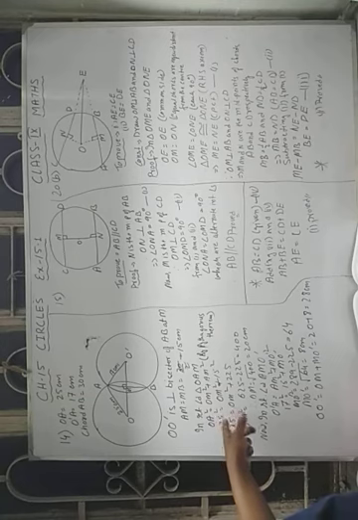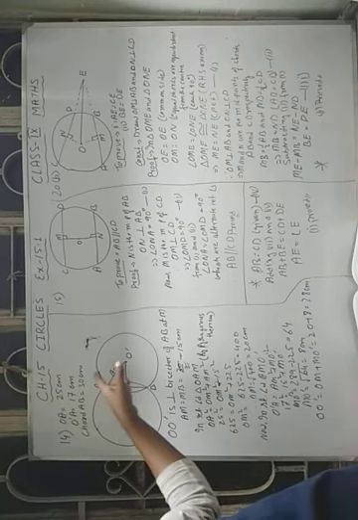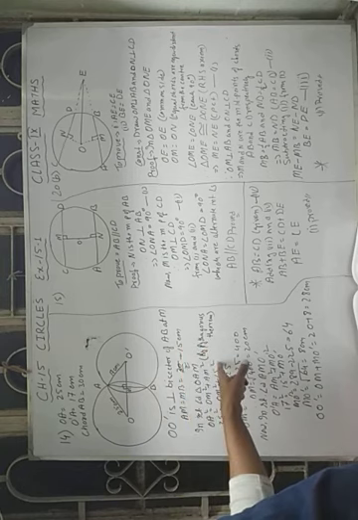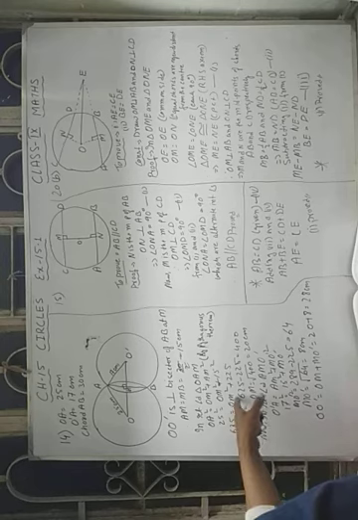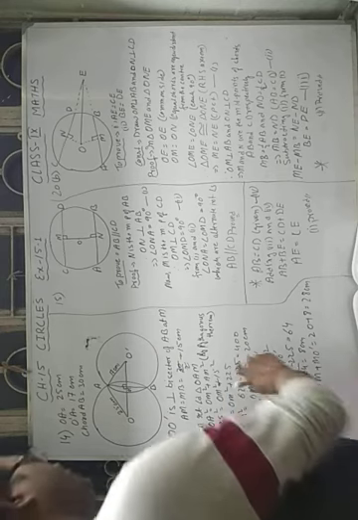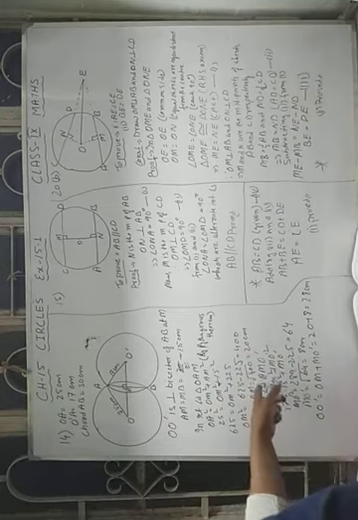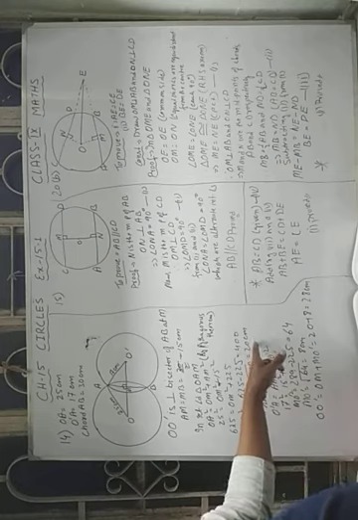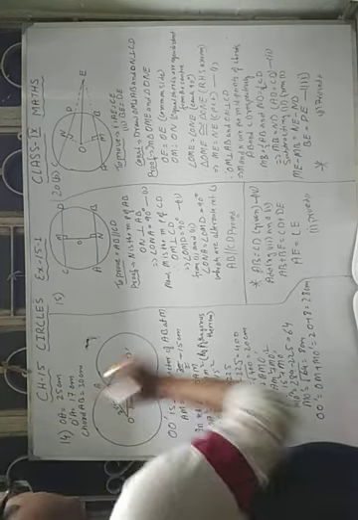OA is 25, so 25 square is equal to OM square plus 15 square. 25 square is 625, and 15 square is 225. So OM square is equal to 625 minus 225, that is 400. Now OM equals the square root of 400, that is 20 centimeters. We have got OM equal to 20 centimeters.